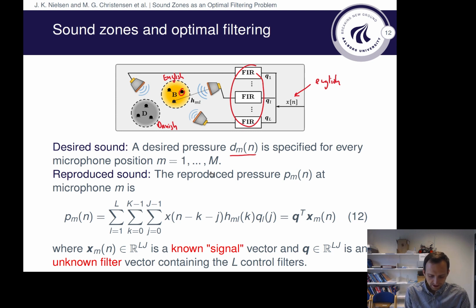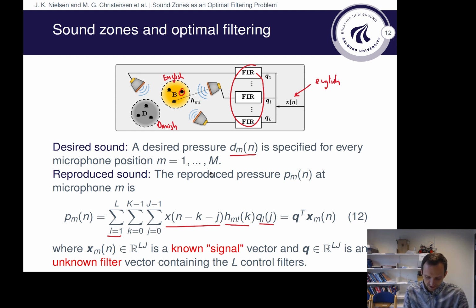That will simply be a sum over the L loudspeakers, and for every loudspeaker we compute the convolution between the input signal, the room impulse response, and then the control filter.